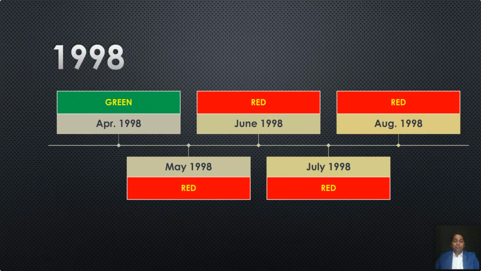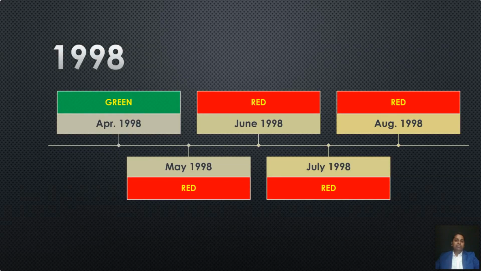Let's move ahead. The year 1998. We started off with April 1998 as a green month, and post that came May, the adage which goes sell in May and go away. May 1998, June, July, August 1998, 4 consecutive months of negative closing on the Nifty.